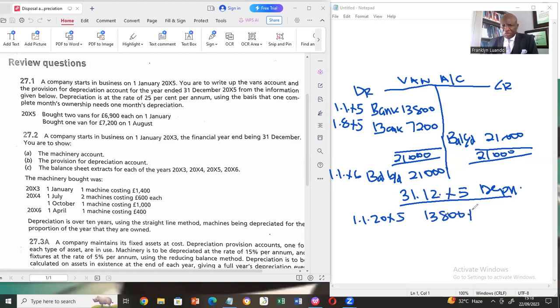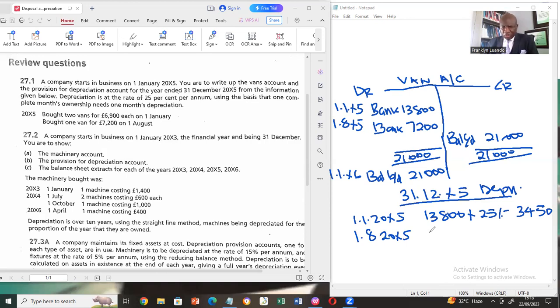So this will be 13,800 multiplied by 25%. This was a full year, and this should be 3,450. Then the vehicle that was acquired on 1 August 20X5, this van was used for only 5 months.